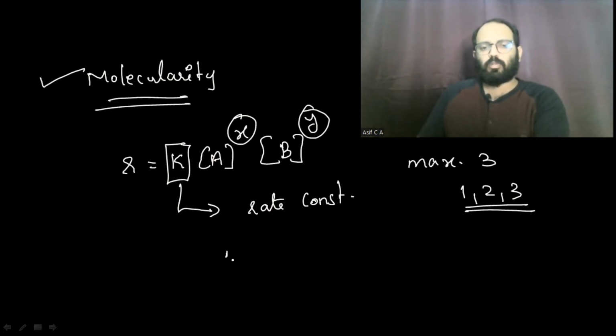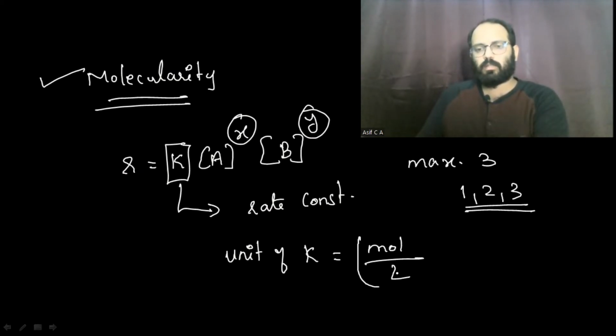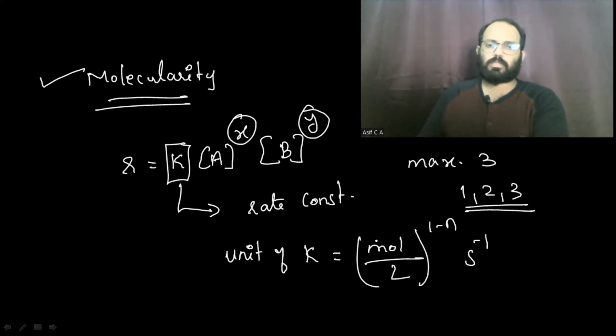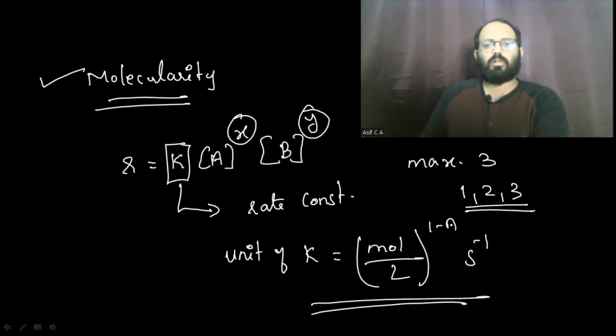Unit of K is equal to mole per liter power 1 minus n, second inverse. Suppose the order is 1, n is equal to 1.